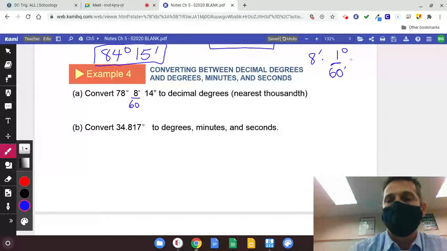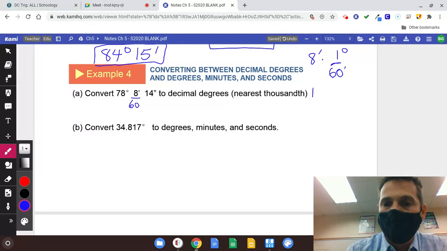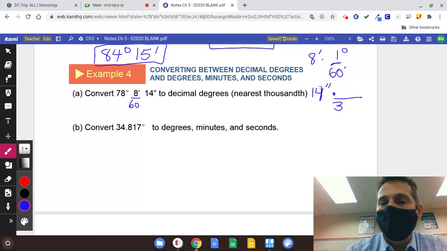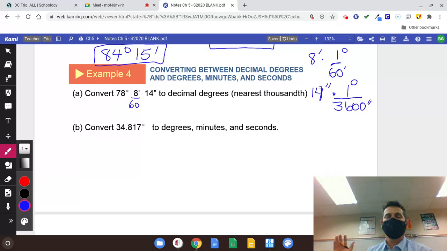In a similar way, if you've got 14 seconds, I know there are 3,600 seconds in 1 degree. I'm trying to do that conversion. I want decimal degrees, which means I want it to be just degrees.